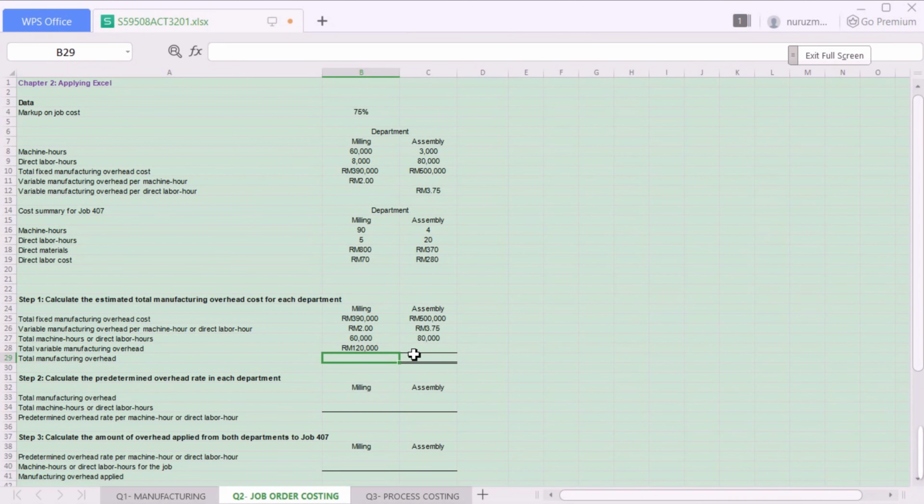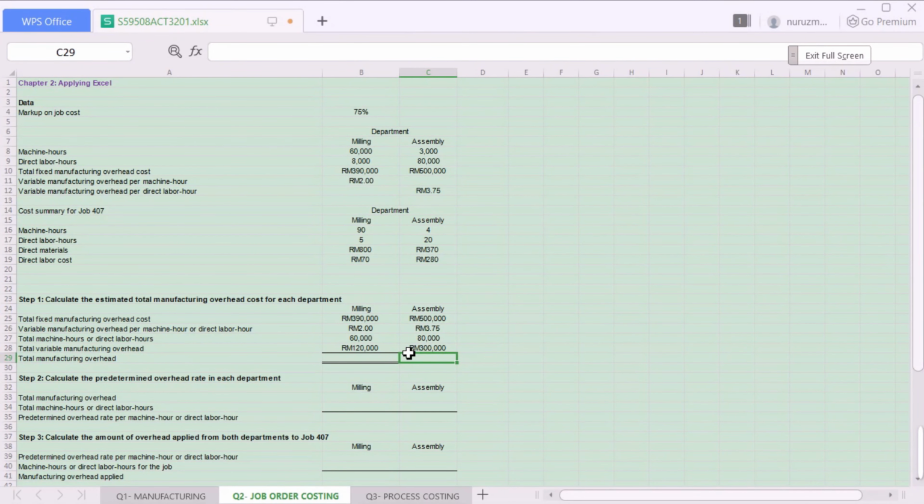For the assembly, RM3.75 per direct labor hour multiplied by total direct labor hours 80,000 equals 300,000.